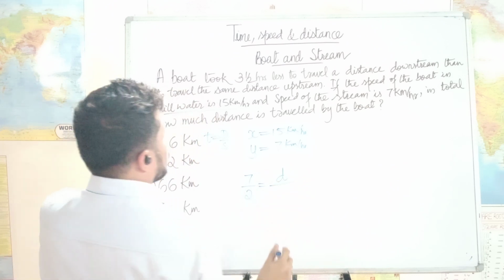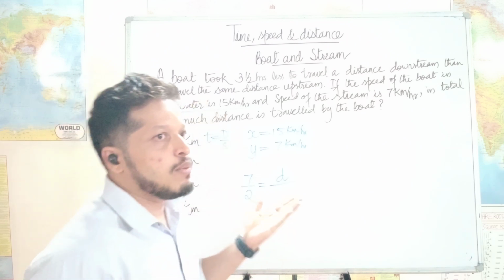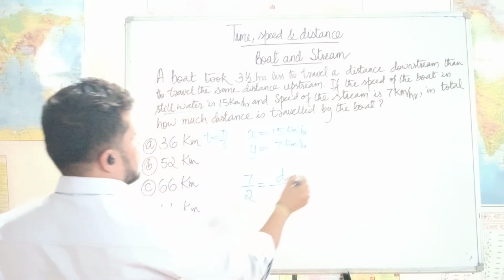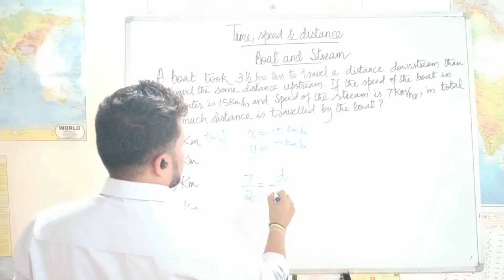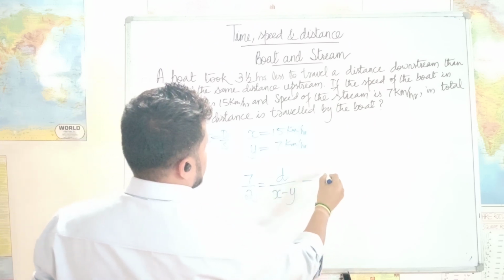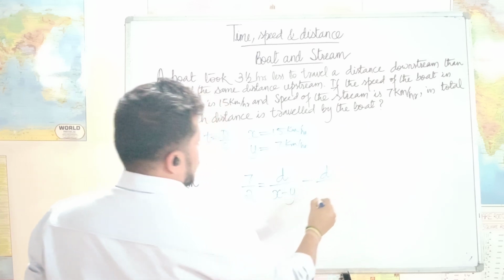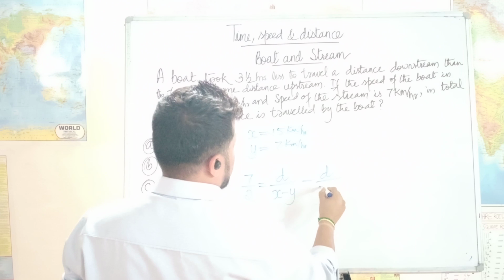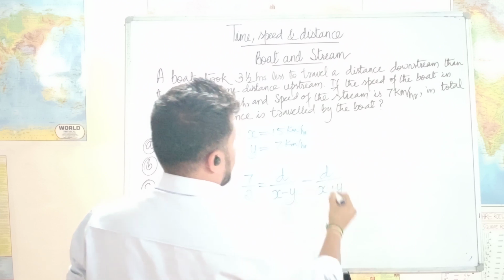We have the difference, right? Obviously upstream takes more time than downstream. So let's take upstream minus downstream. So upstream is d divided by x minus y, minus d divided by downstream, which is x plus y.